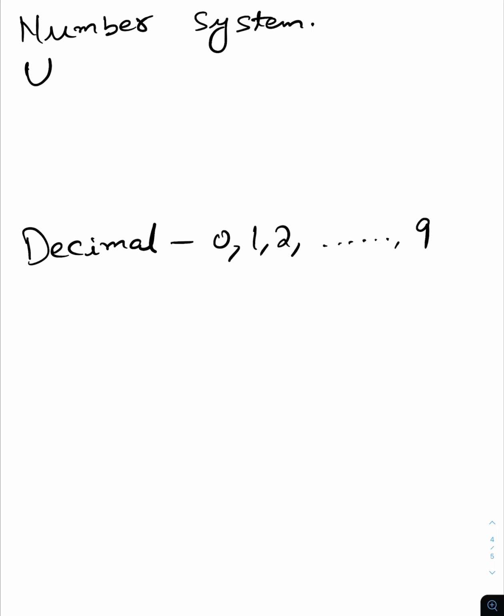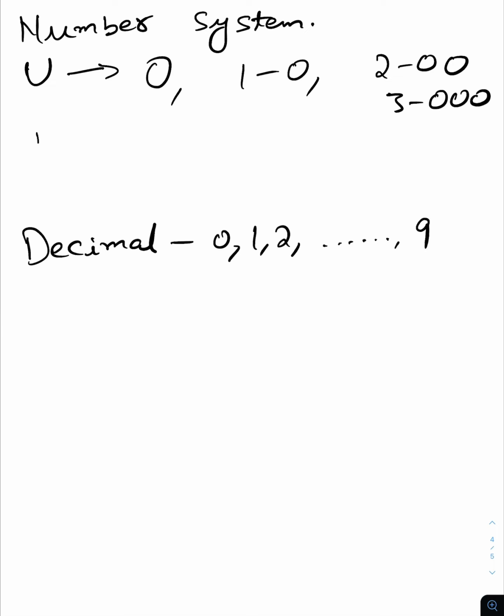Previously it used to be a unary system where you have only one number, which is 0. So for 1 it's 0, for 2 it's 0, 0, and for 3 it's 0, 0, 0. Then came binary, which has only two numbers, 0 and 1.